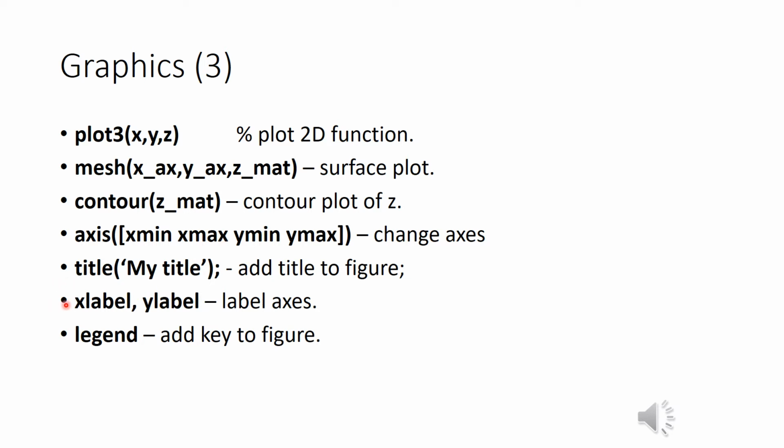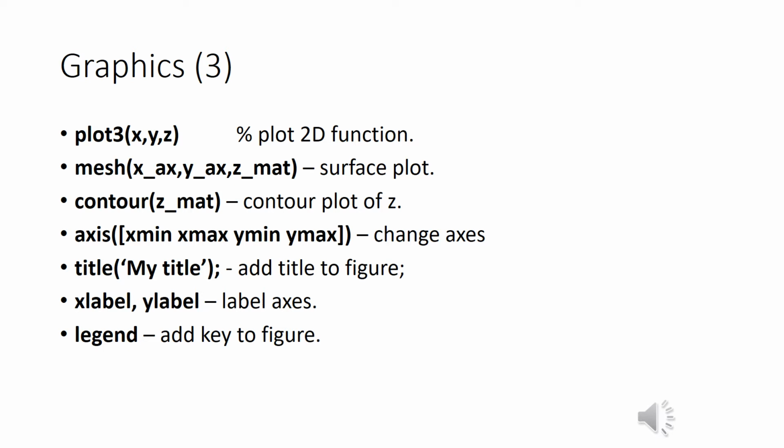Then title is for titling the figure, and if you want to have some caption on the figure, then we have add title to figure. It actually adds a title to the figure if you use the title function. X label and Y label, the values here are actually for labeling axes.